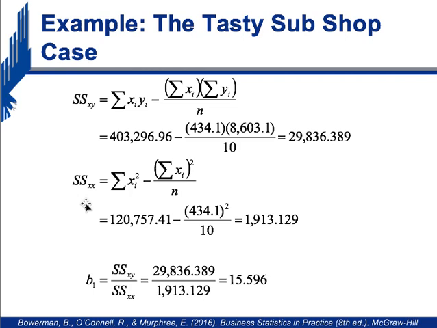For SSxx, again, just input the values we got earlier and you will get this value. To get b sub 1, just get the ratio of SSxy and SSxx, and we will get an estimate for the slope, which is 15.596.